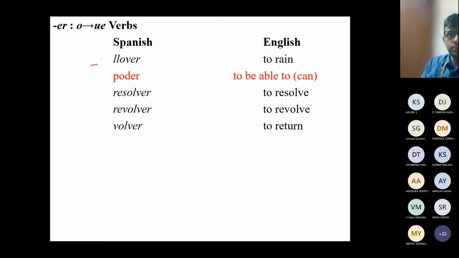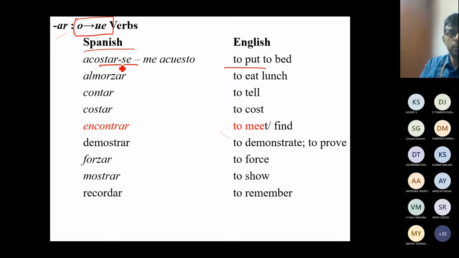O will change to UE and will follow the boot rule. The AR part will change according to the AR conjugation, and se will change into me, te, se, nos, os, and again se, as per the rule of a reflexive verb. Second one, almorzar. So this O will change, and this is the ending.